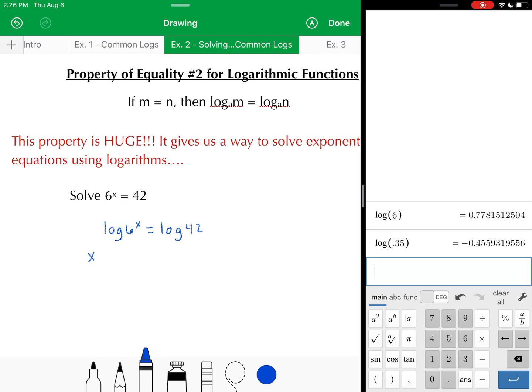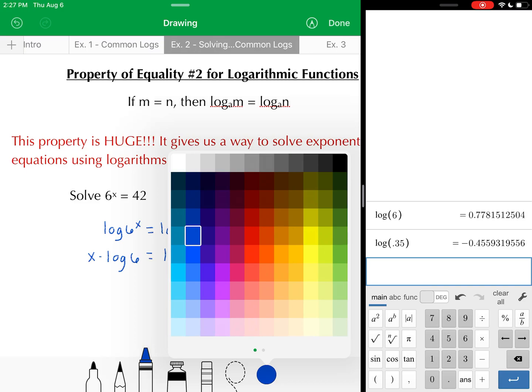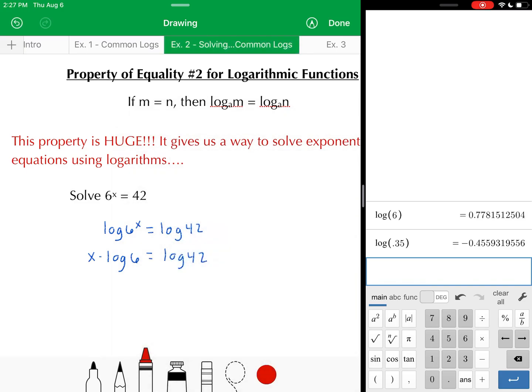I can bring x out in front to multiply common log of 6. What you really have to understand here is that common log of 6 is a numerical value that's multiplying x. So just like any other numerical value, you can divide both sides by it.